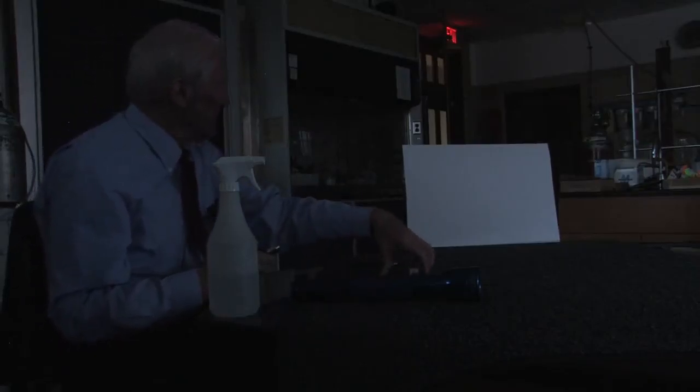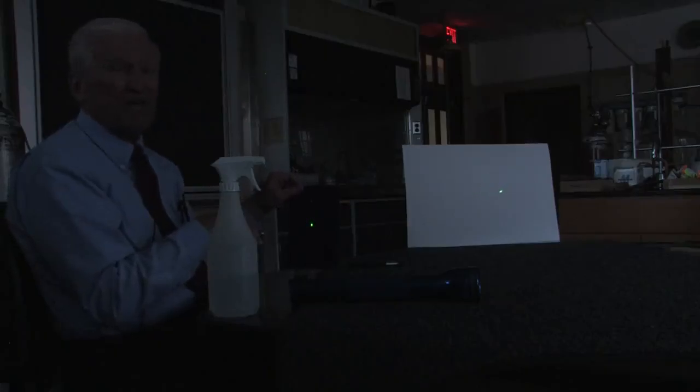If we take the blue filter and do the same thing, we see there is more of the green light projected through it. Why might that be the case?